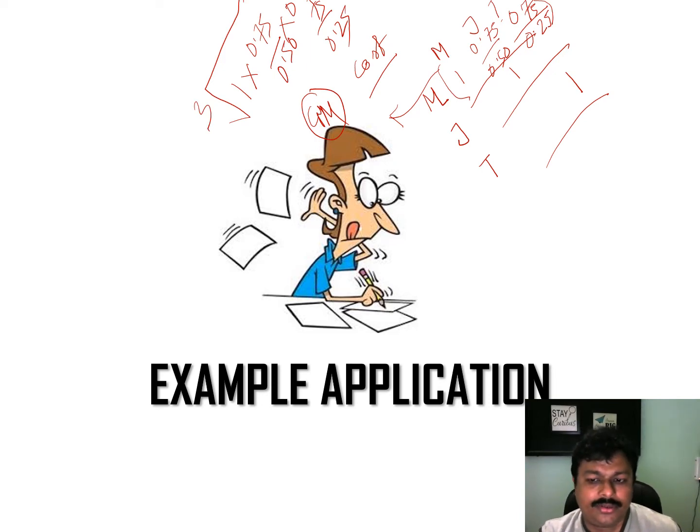At that time there were 2 variables, but for this there are 3 variables. So for Maruti you will get one GM, for Jaguar you will get one GM.